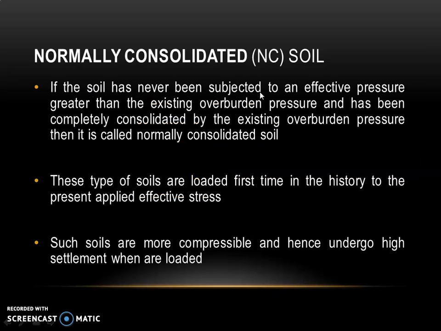If the soil has never been subjected to an effective pressure greater than the existing overburden pressure and has been completely consolidated by the existing overburden pressure, then it is called as normally consolidated soil. And these type of soils are loaded first time in the history to the present applied effective stress. These soils are more compressible and hence undergo high settlement when they are loaded.